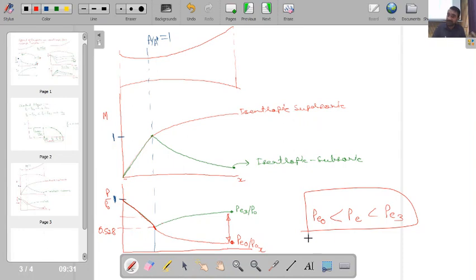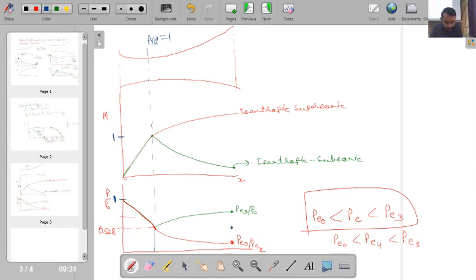Say I have any pressure that is PE4, and it is greater than PE0 and less than PE3. What I said, I have now pressure PE4. So my new pressure point is somewhere over here.